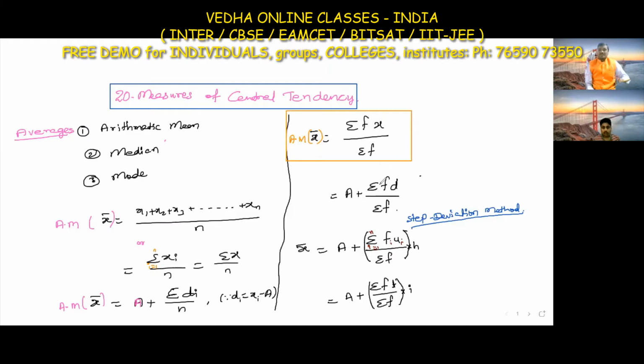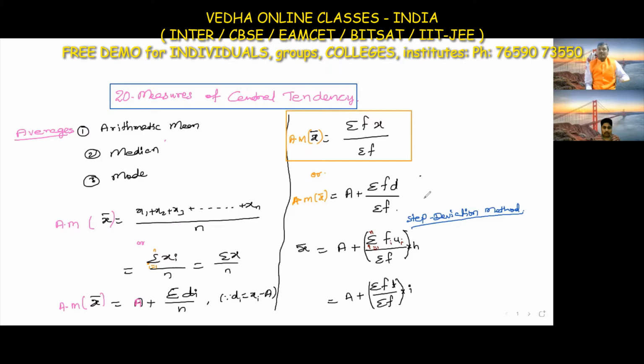In this also, if the values are bigger, then we use the assumed mean concept again, that means a plus sigma ft divided by sigma f. Here we take the middle value as assumed mean, and we calculate.